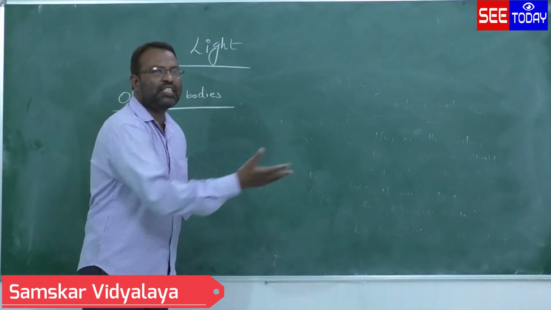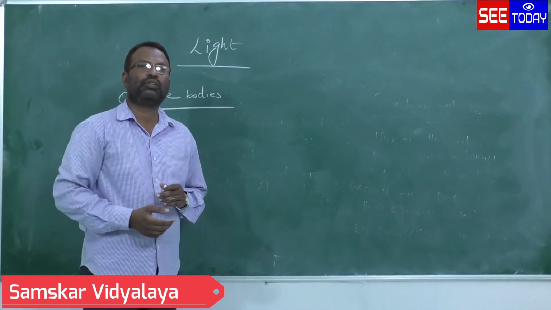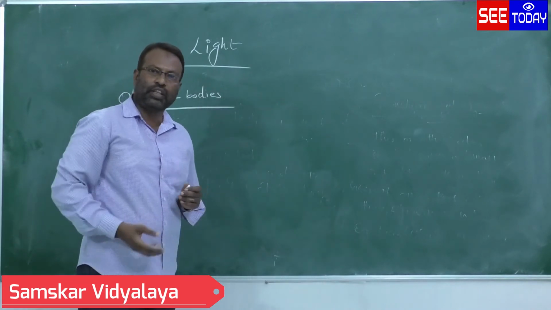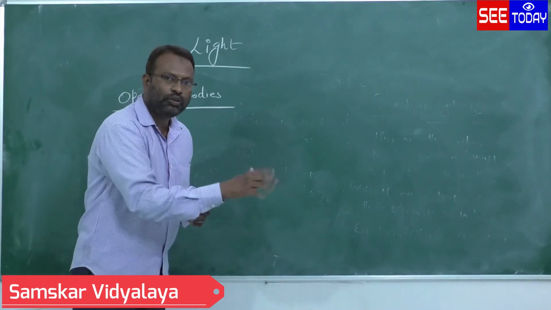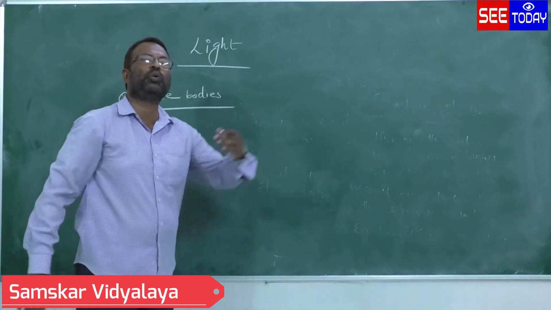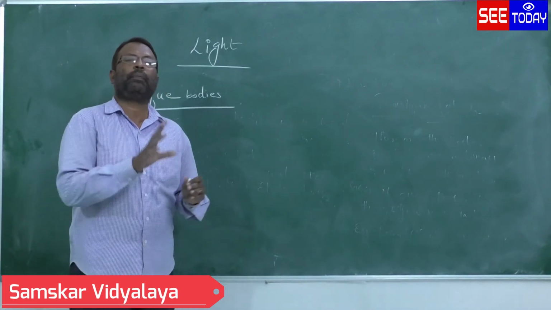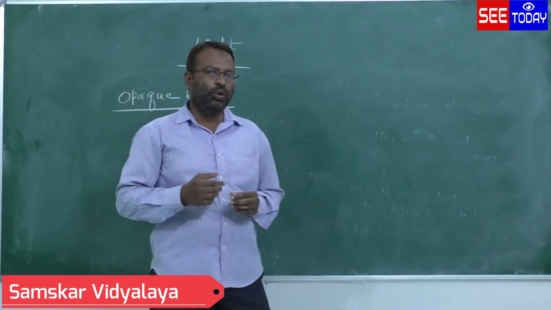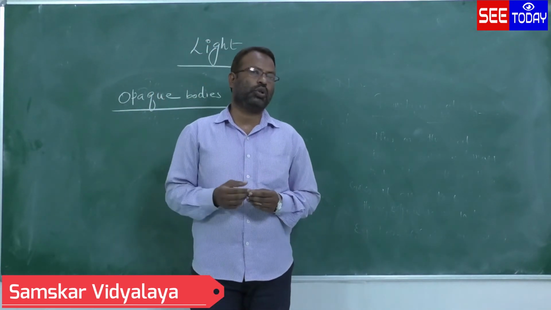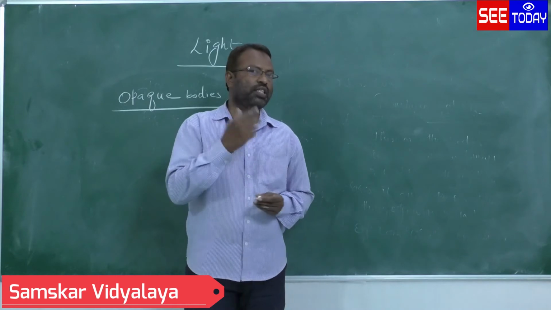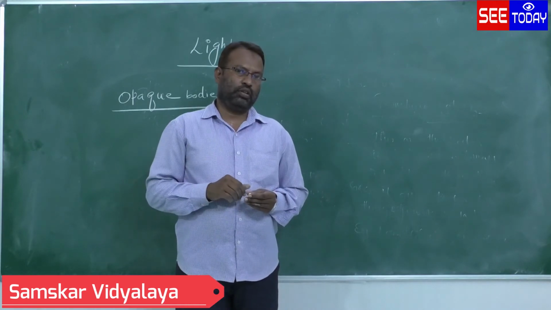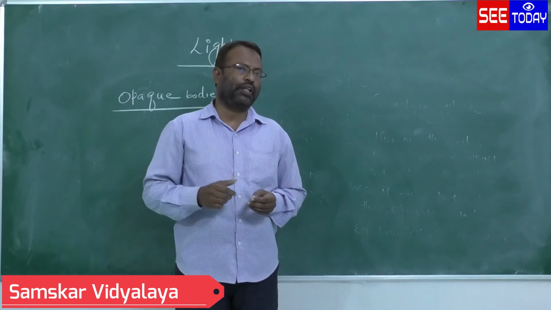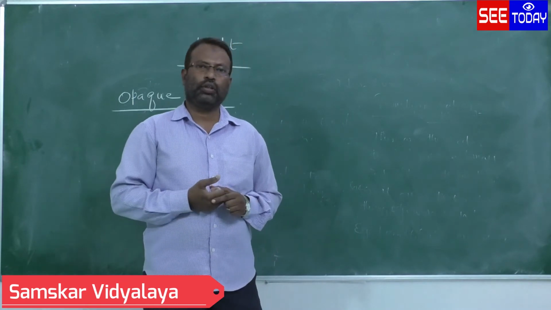No part of the light is possible to emit from them. If you allow the light, no light will be possible to emit. Example, you can take wood or stone. Vision is not possible.